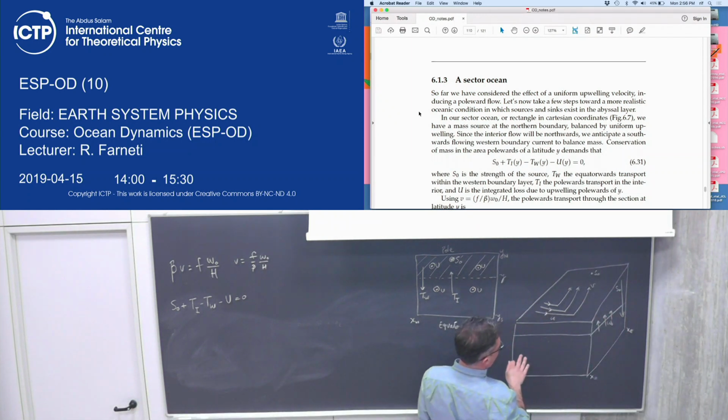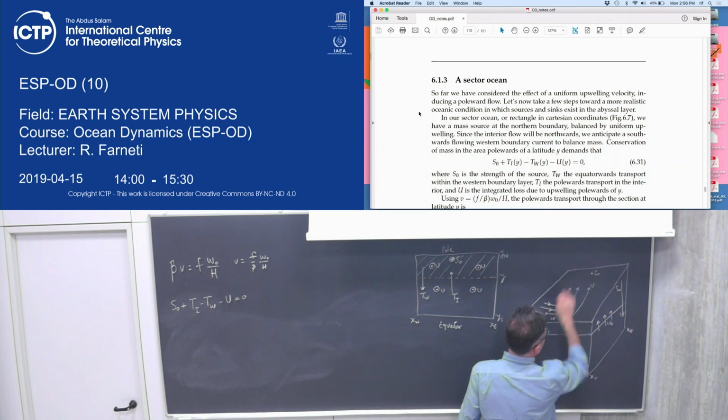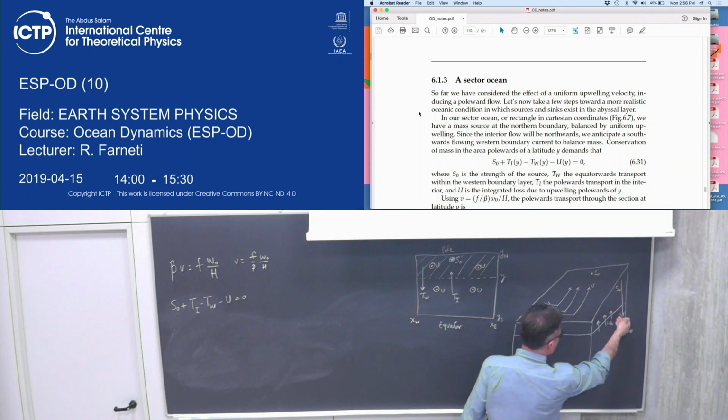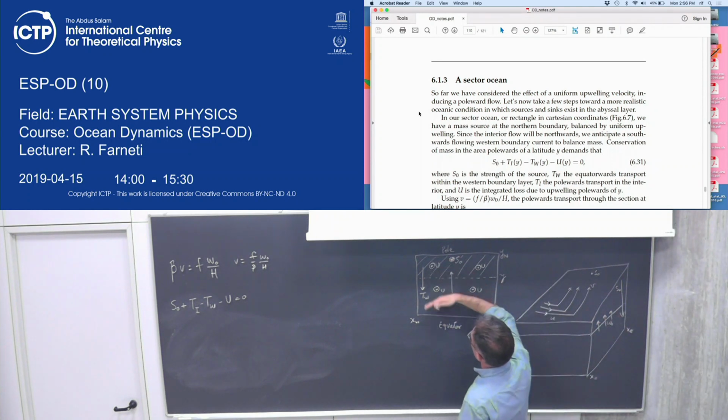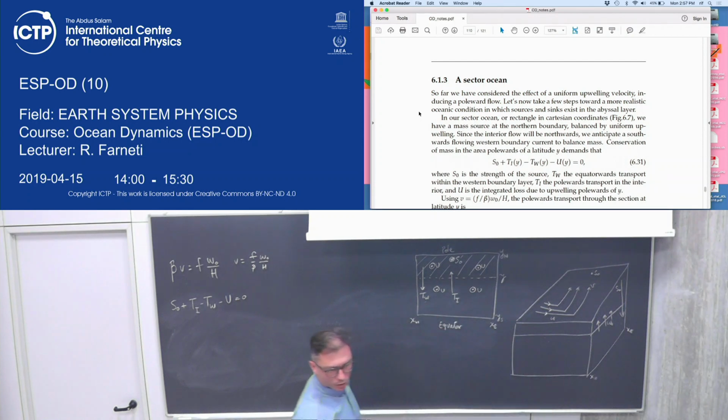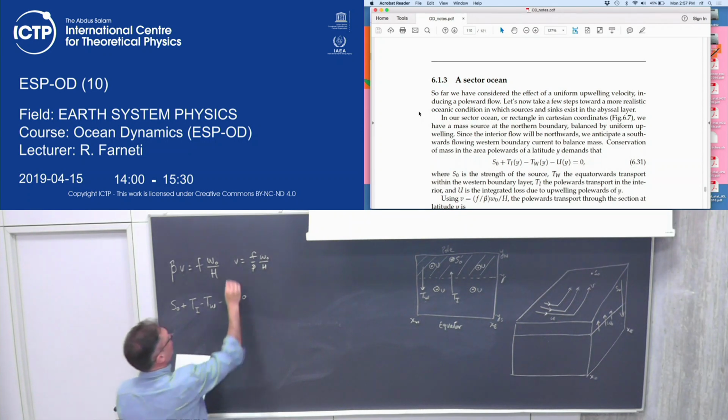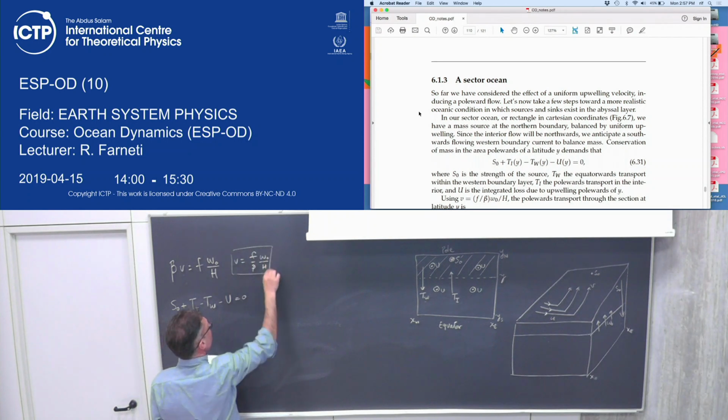You have injection of water through the interior transport, and you're losing mass because you're upwelling mass and you're transporting mass south of this latitude Y with this transport at the west. Okay?